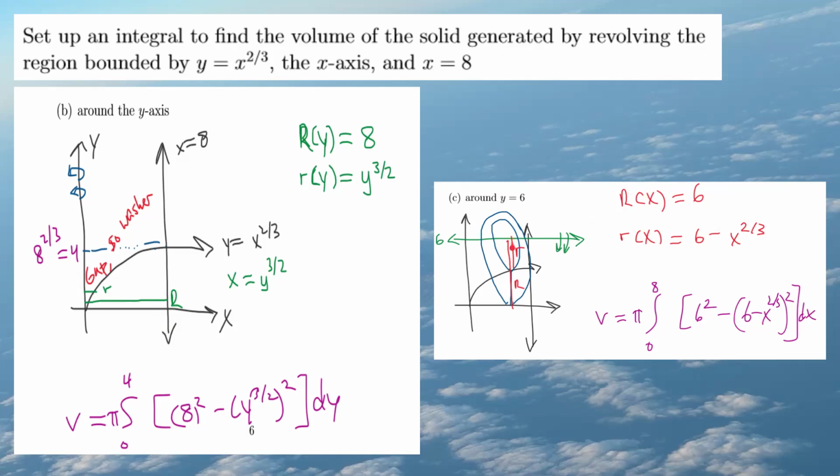Then we go here. What is this distance? Here's where it can get a little tricky. We at least know that this distance up to here is x to the 2/3, because that's what this graph is. So if the full thing is 6 and this little part is x to the 2/3, you just subtract. Full distance minus partial gets you the other part. So it's 6 minus x to the 2/3.